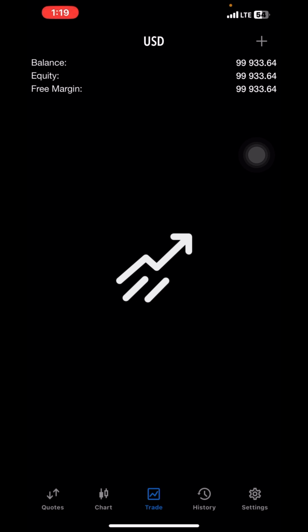Then you have the free margin, which is equity minus margin. When you subtract your margin from your equity, you get the free margin. And last but not least, the margin level, which is equity divided by margin times 100.